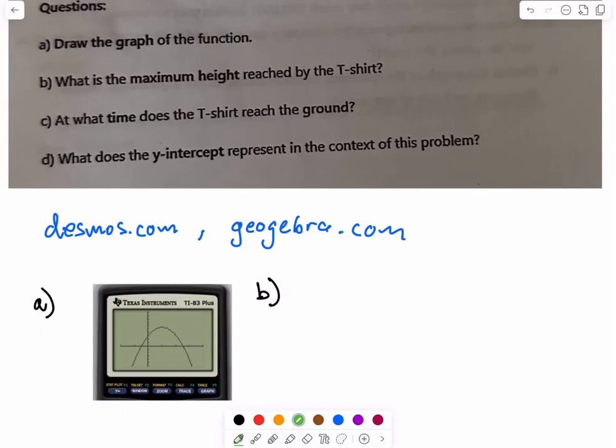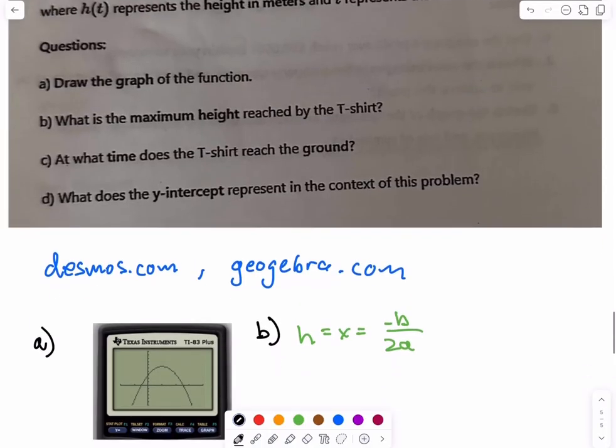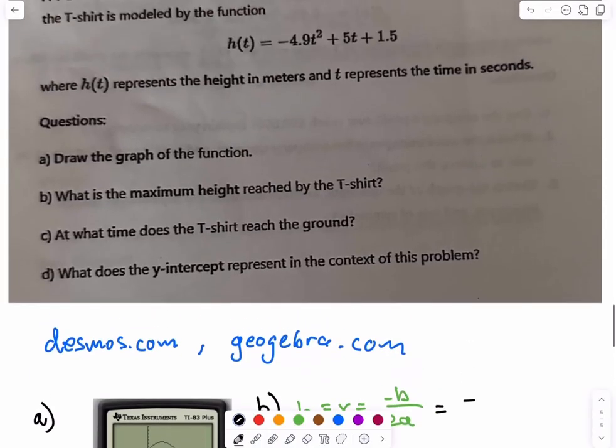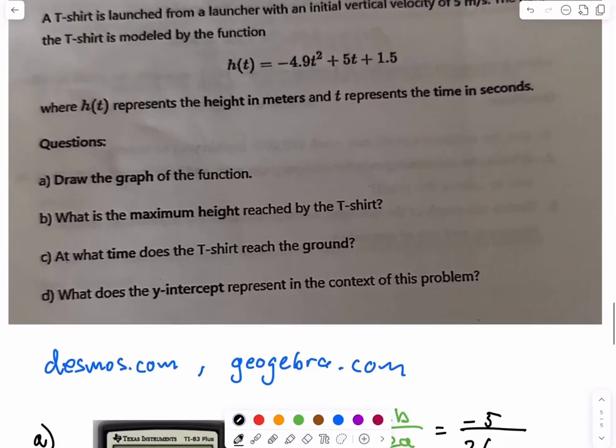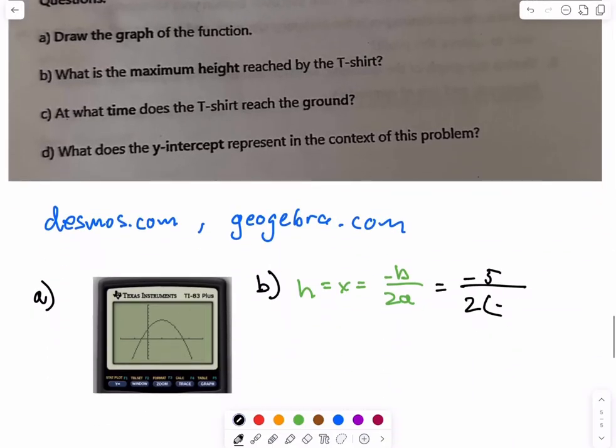The x-coordinate of the vertex, which is our h, is going to be -b over 2a. From the original function, our b is 5 and our a is -4.9.